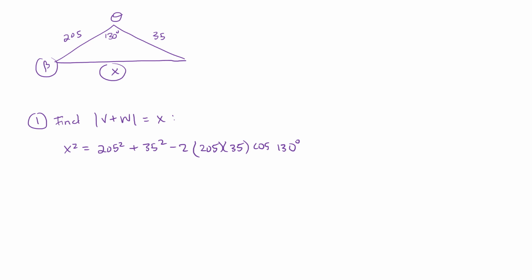Okay. When we enter that into our calculator, we will roughly get 52,474.0022. When we take the square root of that value, x is approximately 229, and this would be miles per hour.